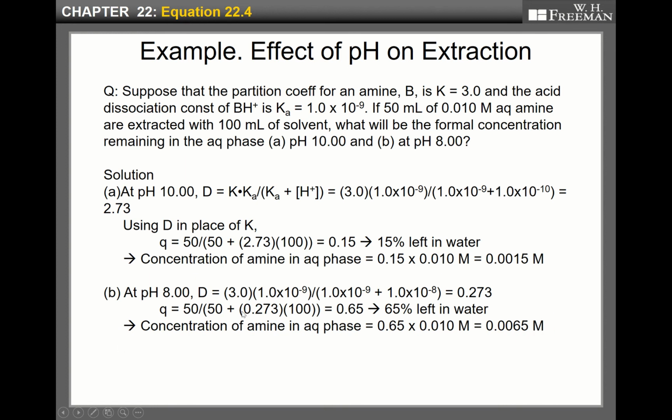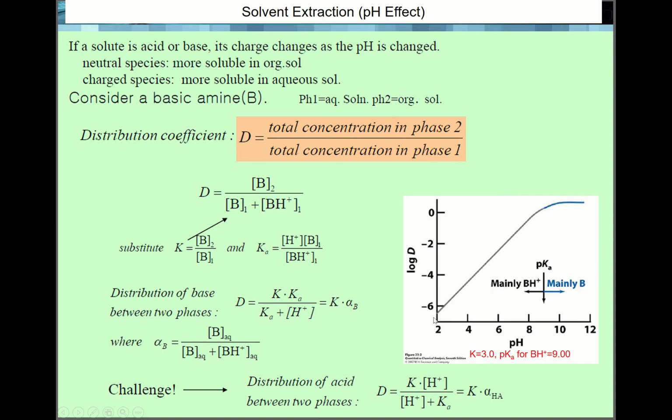So here we conclude that at low pH, more of the base, which is amine here, more amine remains in aqueous solution, because the distribution coefficient becomes smaller as pH goes low.